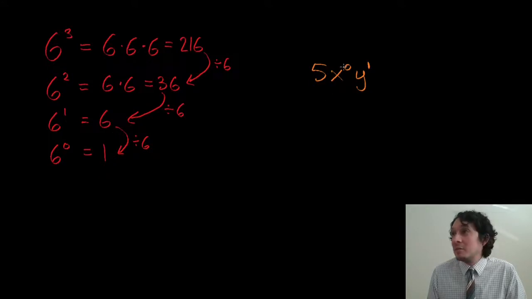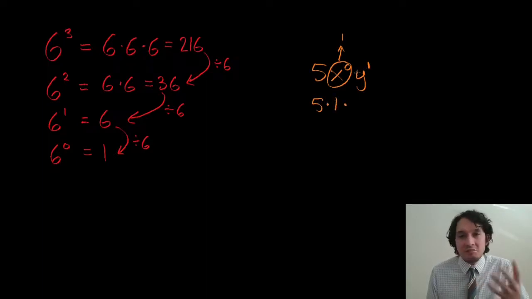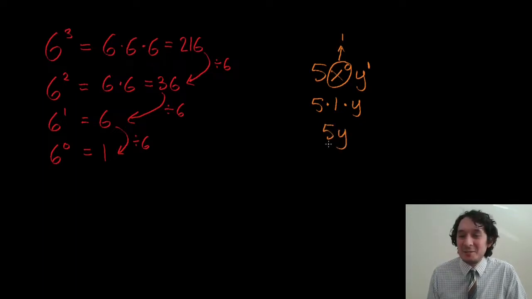Well, x to the power of 0, this guy right here, is 1, that's true, but not 5. This is 5 times 1 times y to the power of 1, which anything to the power of 1 is itself. And so we have 5 times 1 times y, which is 5y. And this is the correct way to simplify this expression.